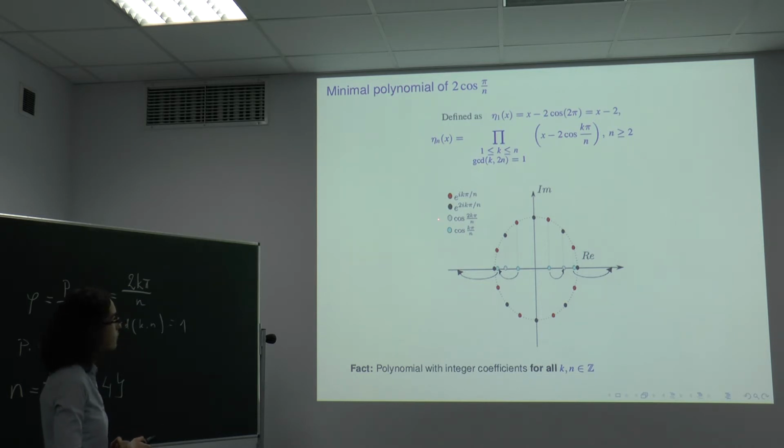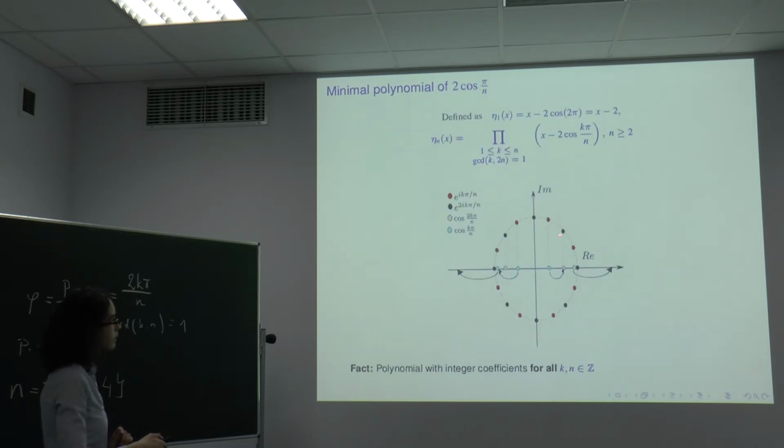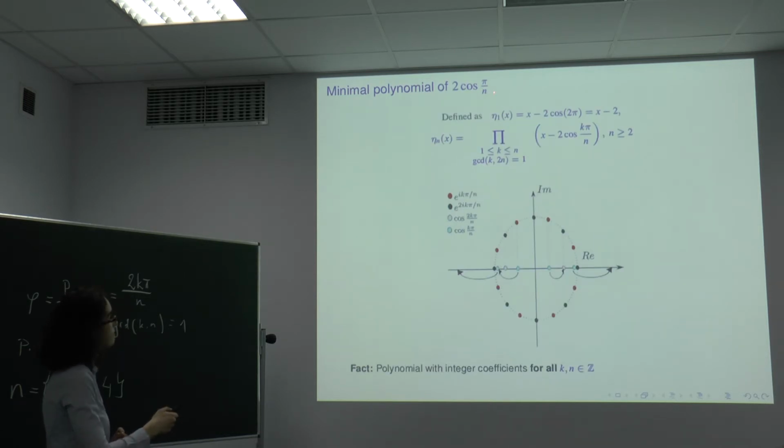And the roots of the polynomials of cosine, the roots of these polynomials for some n, I assumed on this picture that n is equal to 8, are denoted by gray dots, and the roots of the minimal polynomials eta n for n equal 8 are denoted by blue dots. So as one can see, the roots are different.